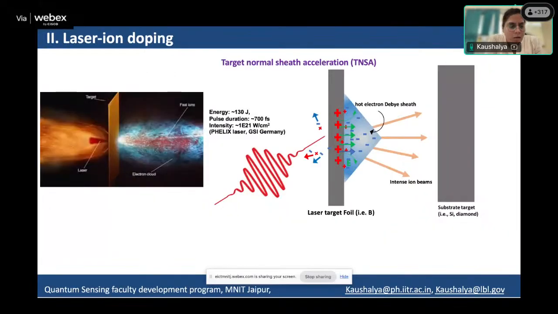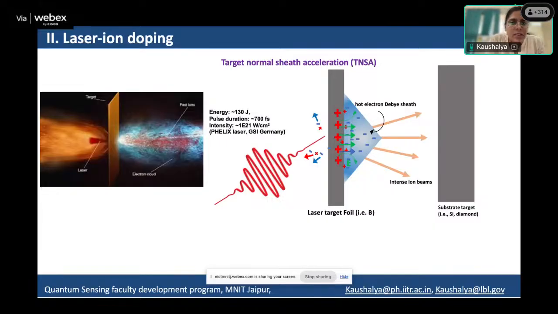Now with that, I'll move to another platform which can be used to synthesize these defects, and also some other aspects that I will mention now. This is something called laser ion doping, or the other technical term which is more popular or widely known, laser plasma ion acceleration, in the TNSA regime, which stands for target normal sheath acceleration.